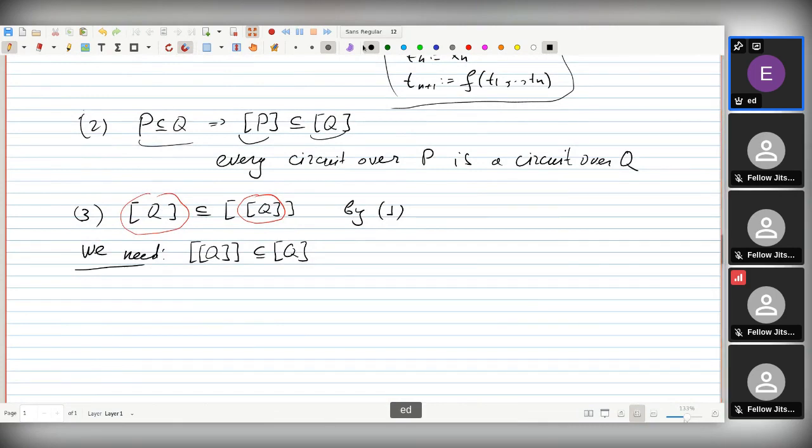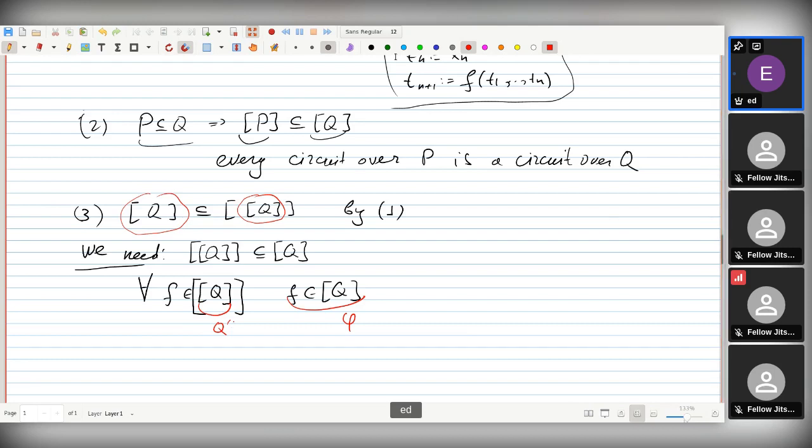What do I need? I can rephrase it the following way. For every f that belongs to the closure of the closure of Q, then f belongs to the closure of Q. So this is our phi. And this is our new Q.